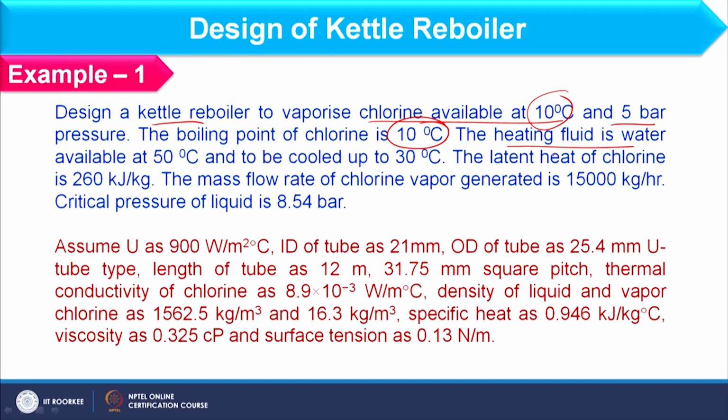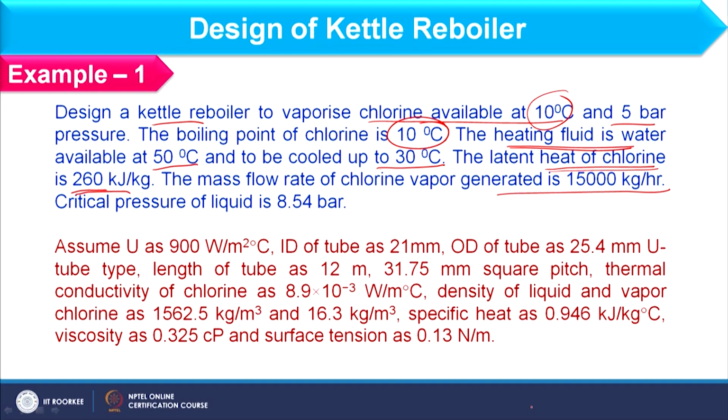So, to heat the chlorine we use water which is available at 50 degree Celsius and which is cooled up to 30 degree Celsius by providing its heat to the chlorine, right. So, latent heat of chlorine is 260 kilojoule per kg and mass flow rate of chlorine vapor generated is 15,000 kg per hour.